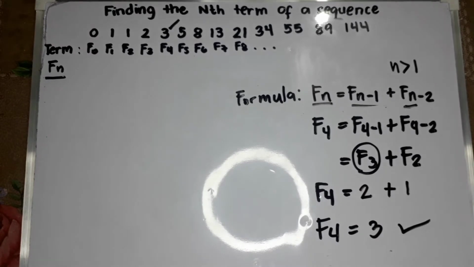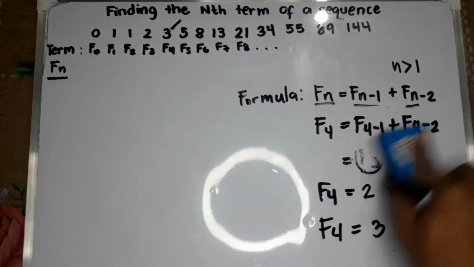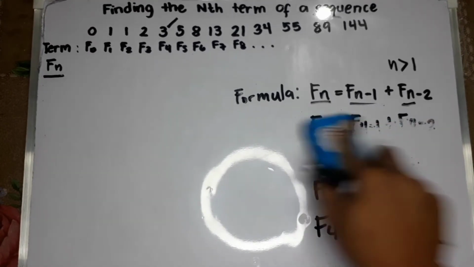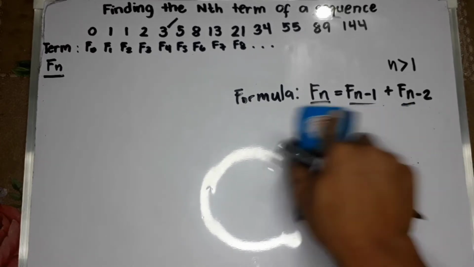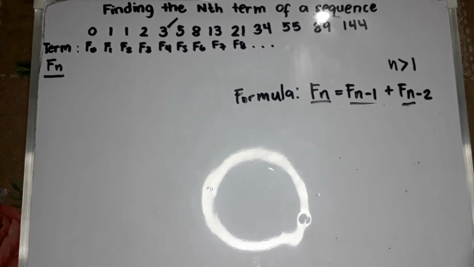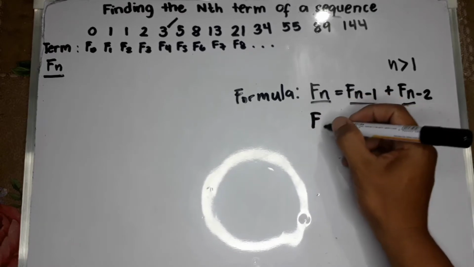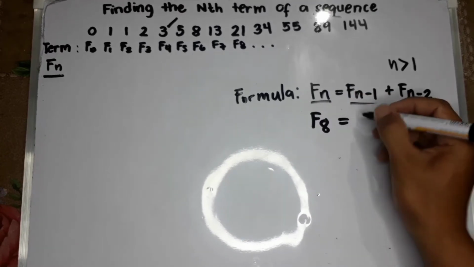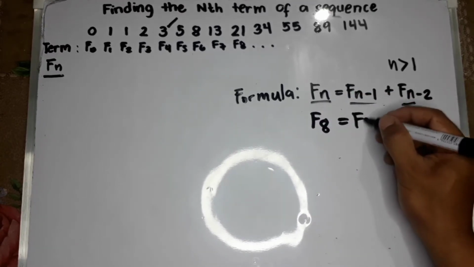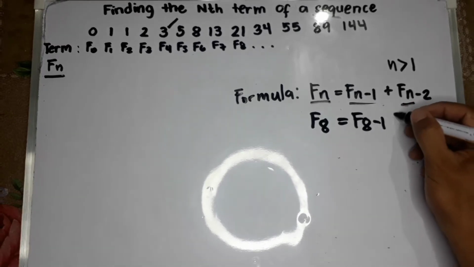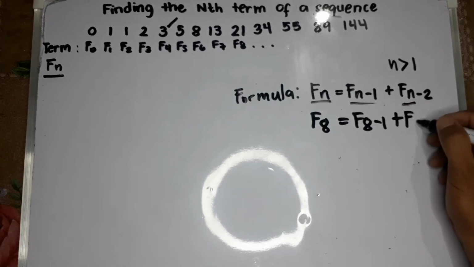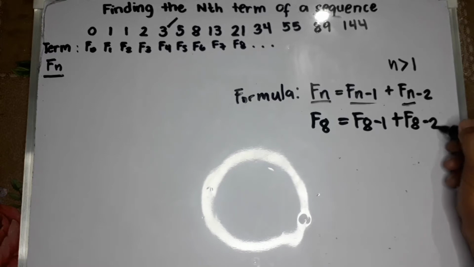So we have another example. We will try to check the value of the 8th term. So we have f sub 8 equals f sub 8 minus 1 plus f sub 8 minus 2.